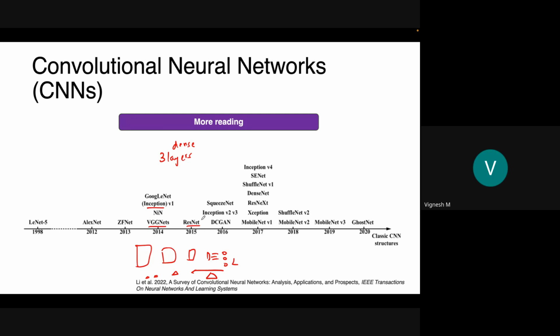Give me the question. Basically it goes something like this: let's say we have a CNN architecture and an image, say 28 by 28 pixels, and then a kernel of 5 by 5, and after that another convolution layer, and so on.